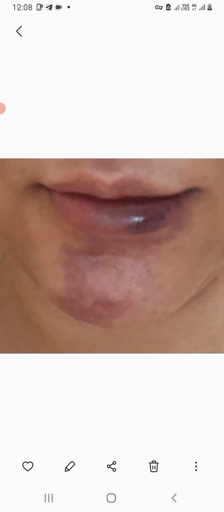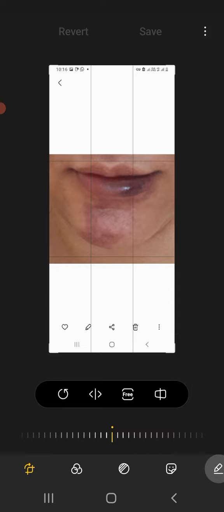This is another patient. You also see a bruising area here on her lower lip.